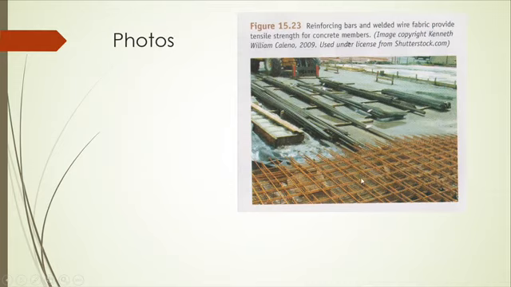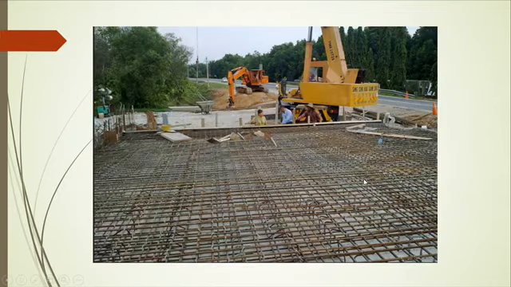Based on the design, you just lay it, so you don't need to tie each and every strand of these reinforcing bars. So you save duration, and it also requires fewer workers and less material to tie up.